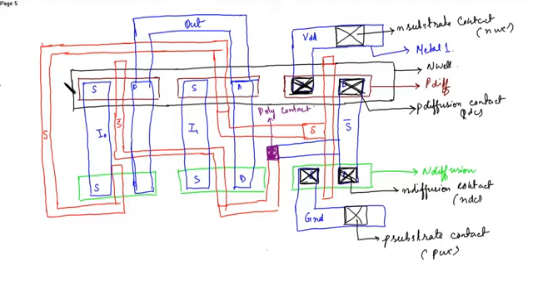Now you have to place the diffusion contacts. Here there will be a P diffusion contact. Similarly over here. All these are P diffusion contacts since these are the P diffusion layer. Here this is the N diffusion contact.